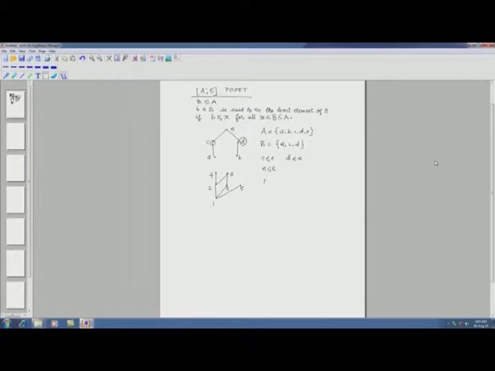This is essentially the set I 6, which consists of the integers from 1 to 6, and the partial order is divides, which is denoted by a vertical line.